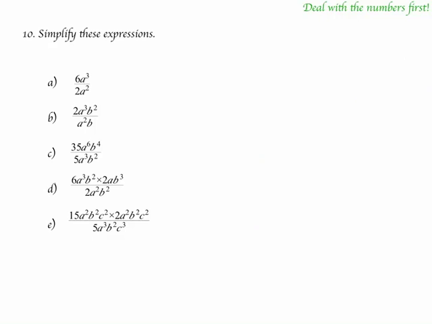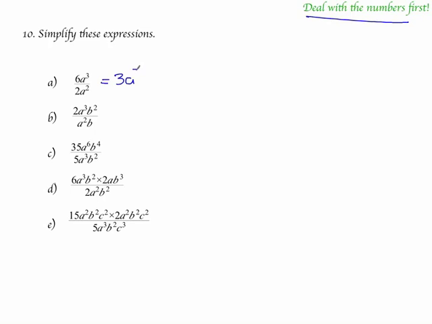Okay, here we've got some other questions that are using both multiplication and division. You can split up the question to make it easier to manage. Remember, deal with the numbers first. Okay, so I'm going to do 6 divided by 2, that gives me 3.